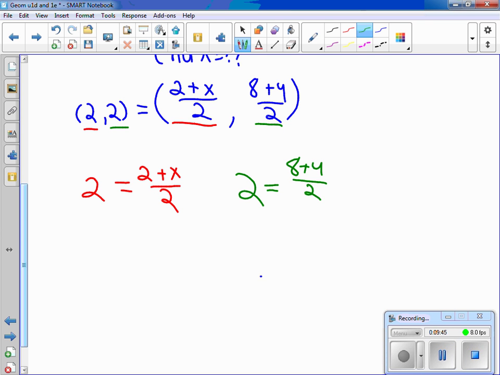I'm going to isolate this right here. So I'm going to multiply both sides by 2 to get rid of this 2 right here. So I end up with 4 is equal to 2 plus x. Take my 2 from both sides. So I know this 2 is equal to x.